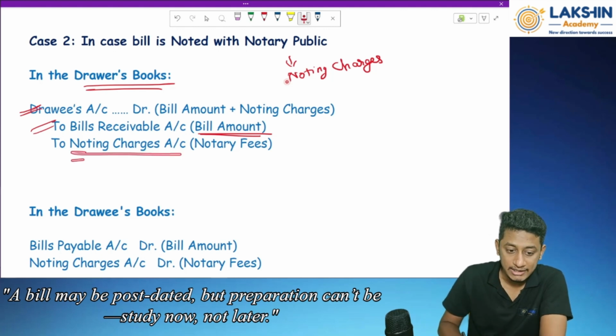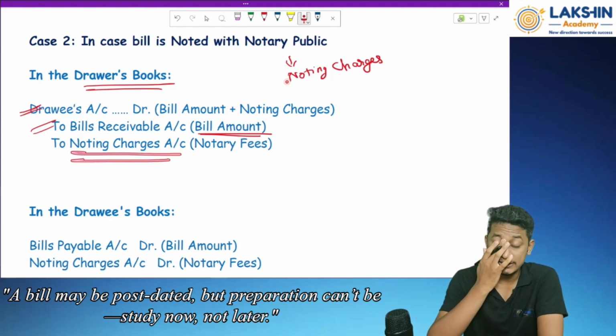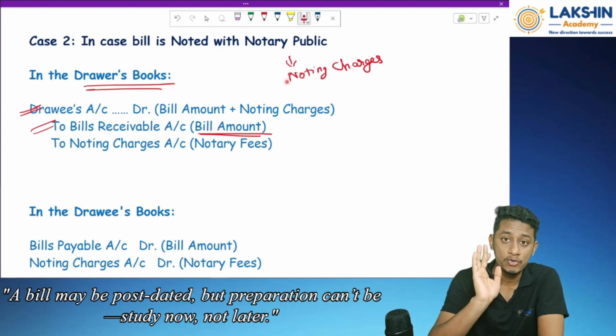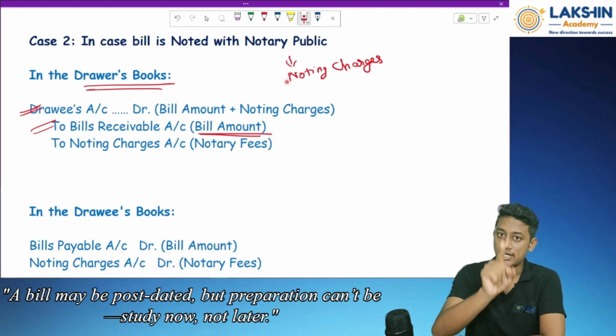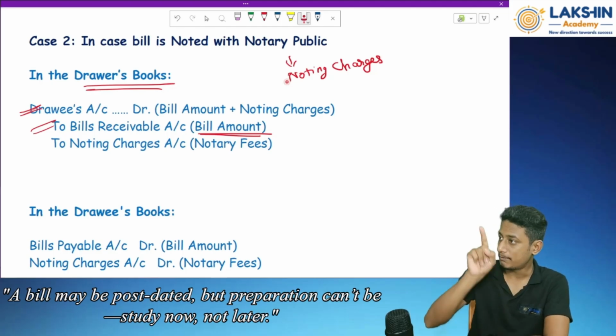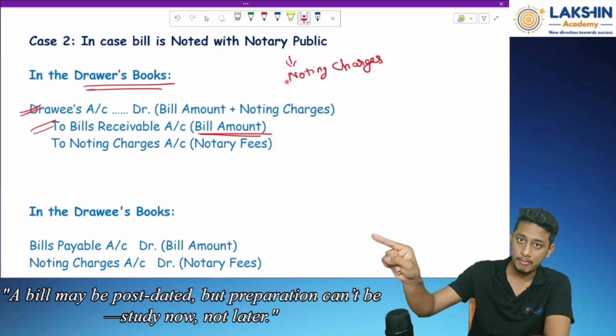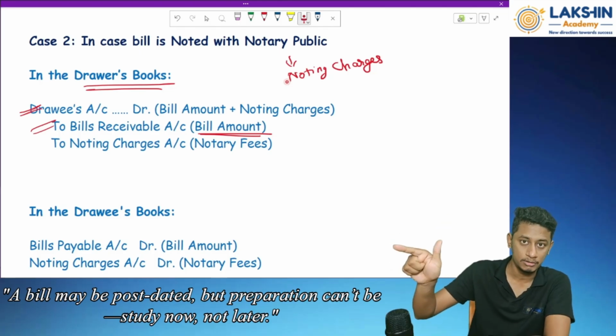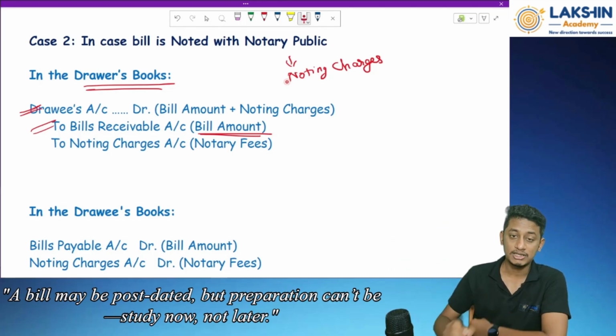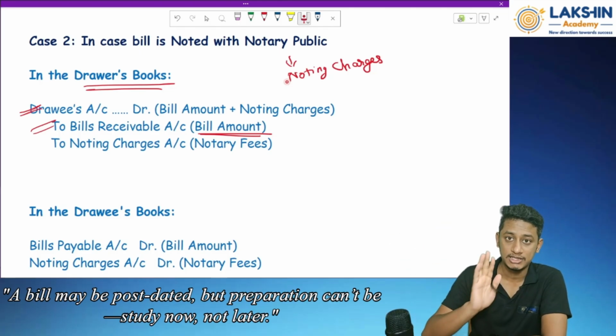And I will incur something called notary charges. These notary charges are to be recovered from whom? From Mr. B. From Mr. B, I will recover noting charges. See, noting charges was not my cost actually. Because Mr. B has not made the payment, I am recovering the cost from Mr. B only. Clear? So, this becomes a kind of income to me.